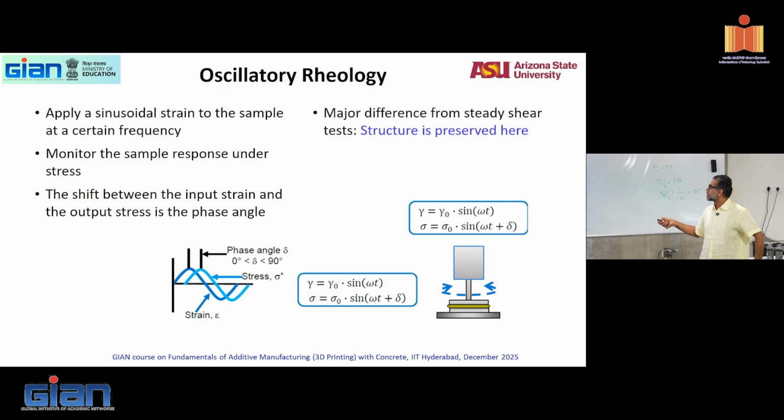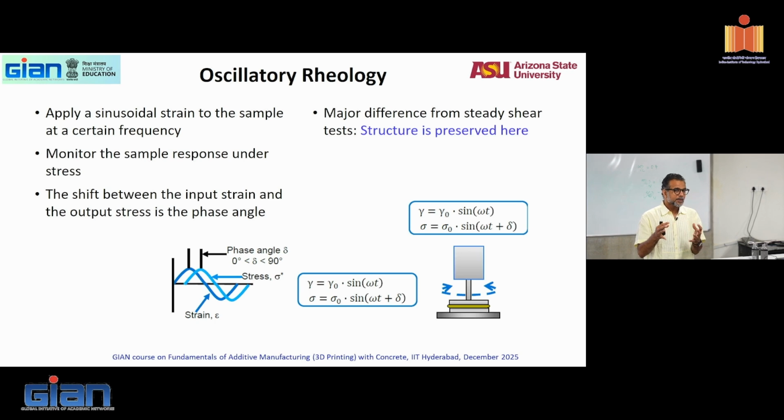Because you're applying a sinusoidal strain, the strain is amplitude times sine omega t, correct? All of you have seen this in some class at some point, right? Gamma sine omega t. Remember viscoelastic materials: does the material respond immediately as an impulse is applied? Remember the pictures that I showed earlier. Do viscous materials respond immediately? It takes some time, right? Which means the strain and the stress are separated by a certain lag.